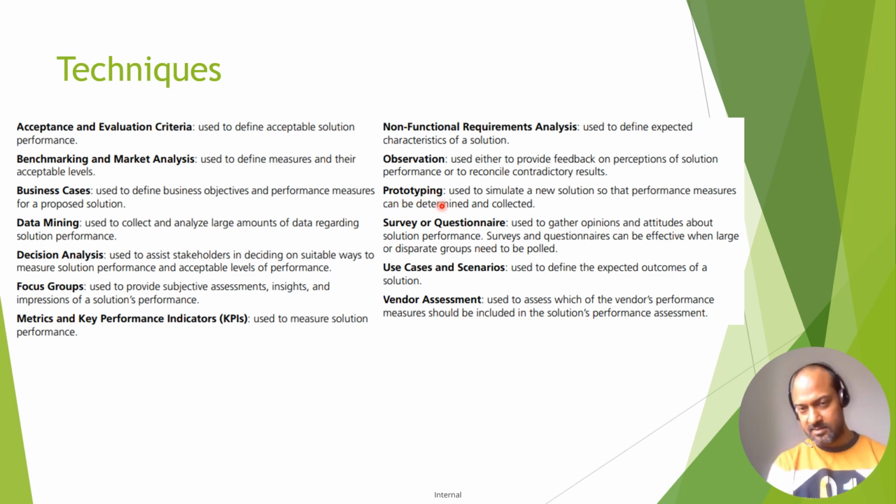So prototyping is required as one of the techniques. Survey or questionnaire is used to gather opinions and attitudes about solution performance. Surveys and questionnaires can be effective when large or disparate groups need to be polled. Use cases and scenarios are used to define the expected outcome of a solution. And vendor assessment is used to assess which of the vendor's performance measures should be included in the solution performance assessment.